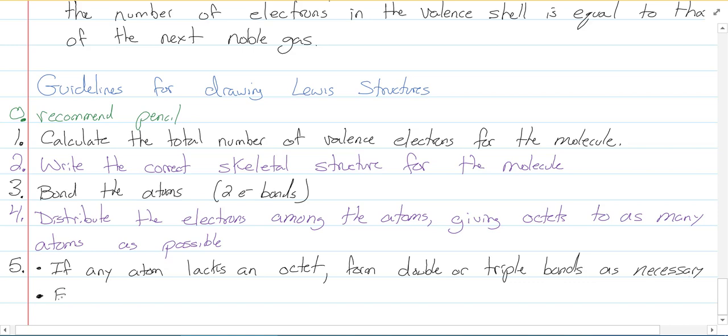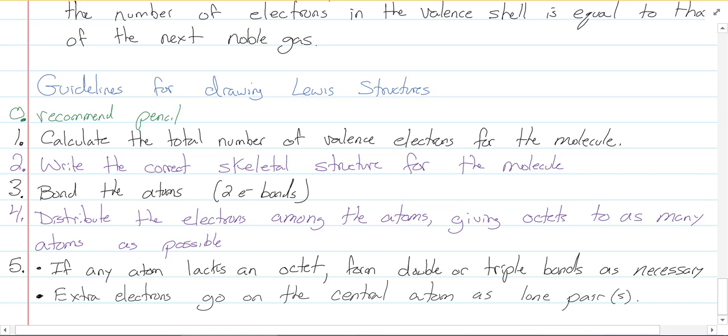If everybody has enough electrons and everybody has an octet, then extra electrons go on the central atom as lone pair or pairs, depending on how many you have. So those are the guidelines to draw these Lewis structures. And so that's what we're going to do next.